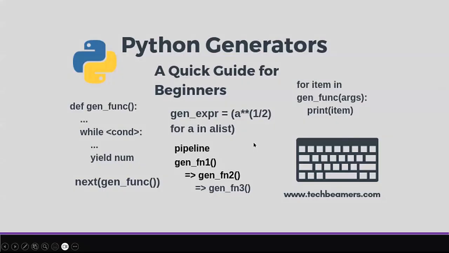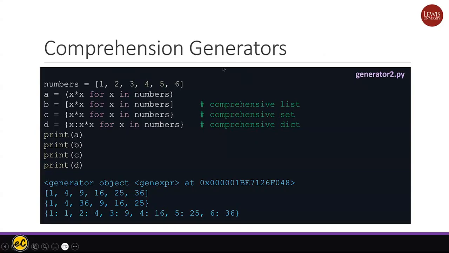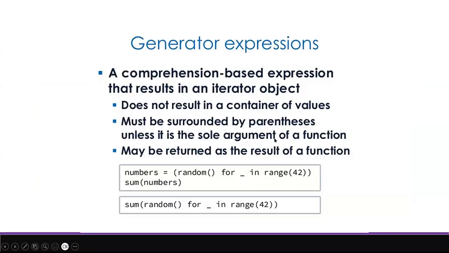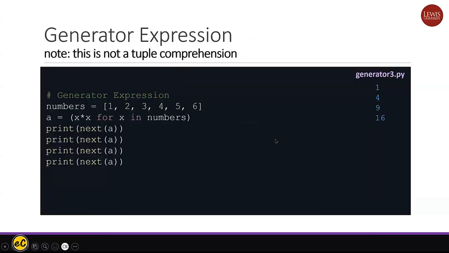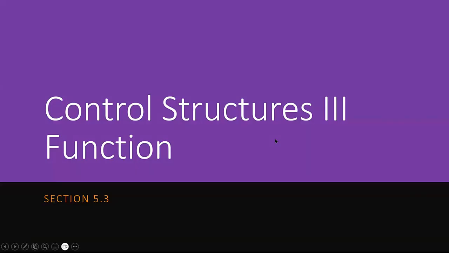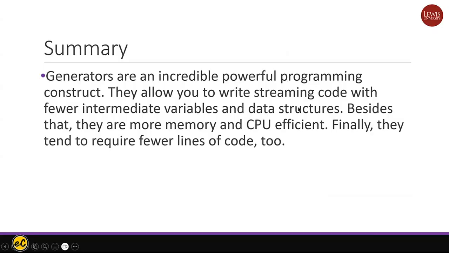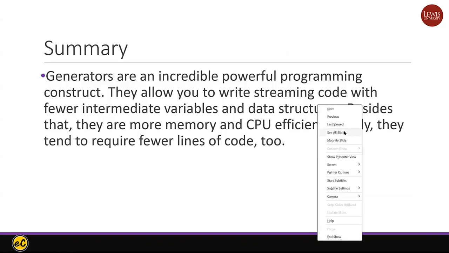Here I tell you what is a comprehension generator. This is a generator expression. So we finish the talk about iterable, iterator and generator, and this is a new feature.